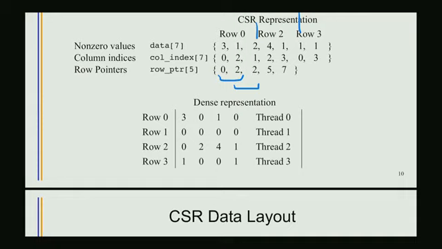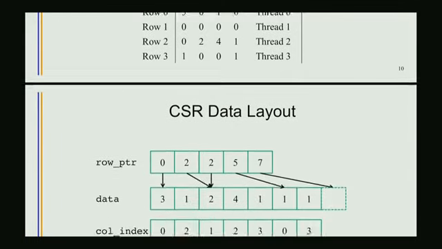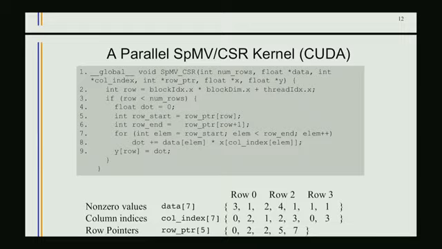So when we do the dot product for thread 0, we want to take the 3 and multiply it by x0. We want to take the 1 and multiply it by x2. How these elements are spread into x is defined by the column index. So when we look at the code itself, we use the column index to find the right element in x with which to multiply the data.